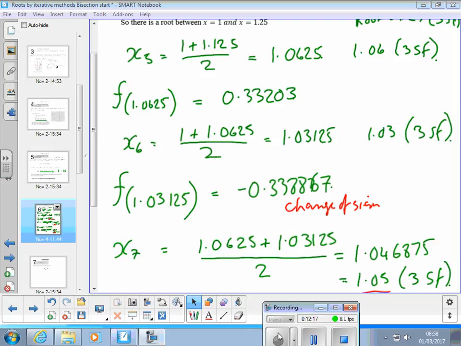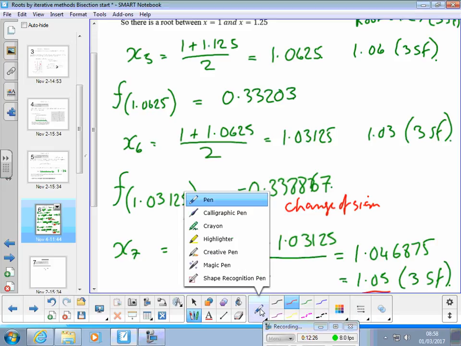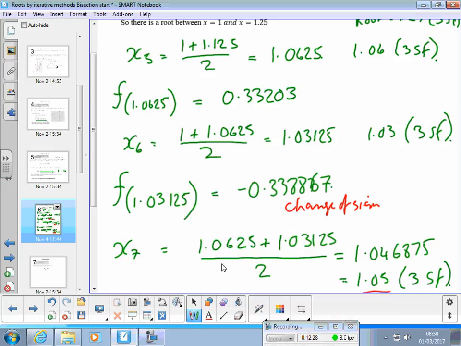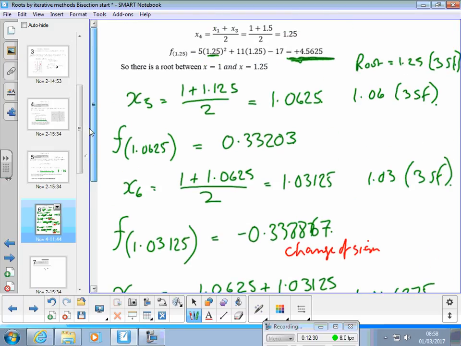Just sum that result up for the video for reference. So we knew our next guess was between 1 and 1. So we find there's a new guess every time, that figure there, and we round that to 3 significant figures. And we're looking for this rounding to be the same twice.